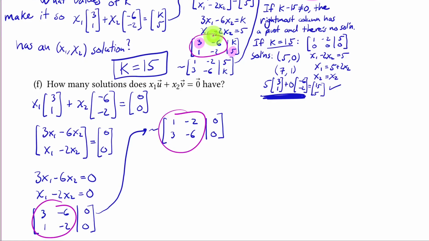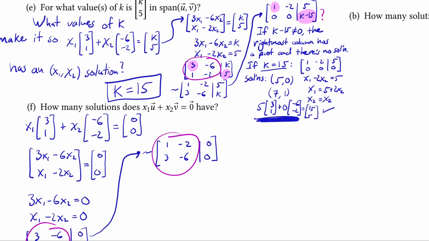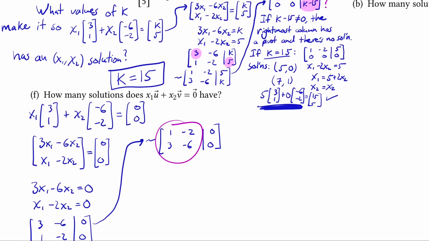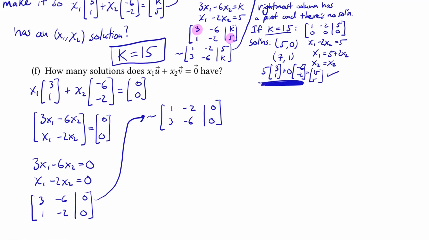To get that into reduced echelon form, we would do the same row operations that we just did. The only difference is, instead of dealing with a 5 and k here, we just have 0 and 0. But switching the place of the 0 and 0, or adding multiples of 0 to 0, is not going to change any of it.